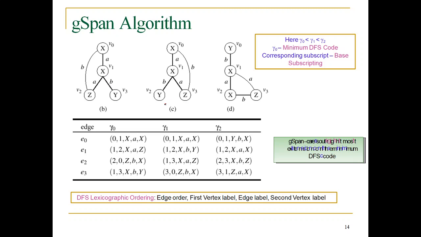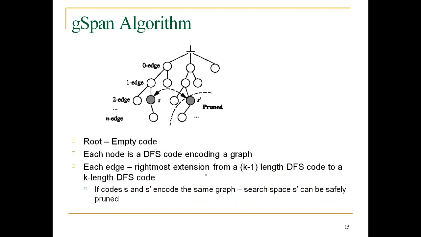Similarly for phi 1 you can write in this fashion, for phi 2 you can write in this fashion. So we are going to use the lexical graph where you are going to put them in an order-wise manner. Then we are going to take the algorithm.